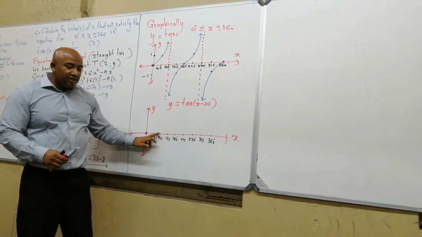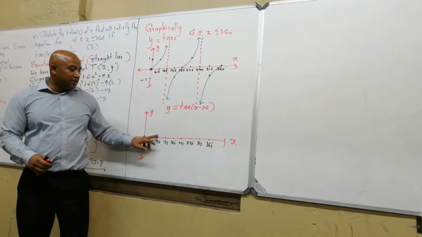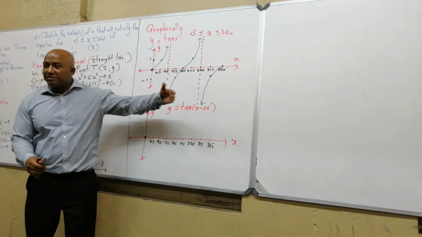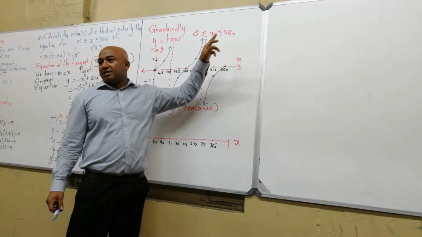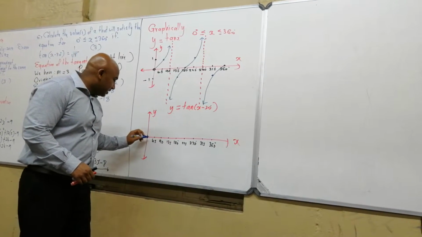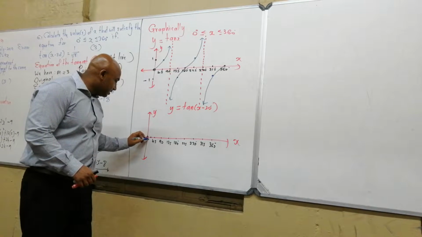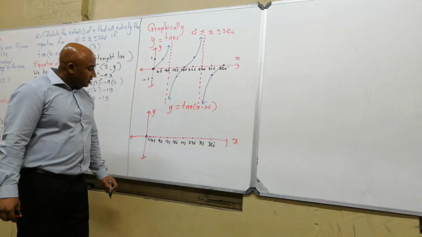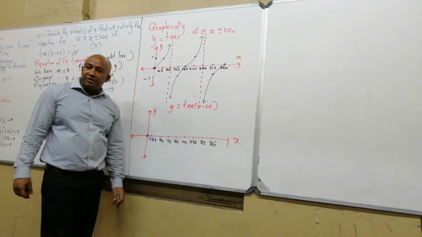We are stepping every 45 degrees. Can you see that? So we have 0 plus 45, plus 45, plus 45, until we come to the end here, which is 360 degrees. But now, we are starting from 30 degrees. Let's say 30 degrees is here. Now, if I add 45 to 30 degrees, what will I get?